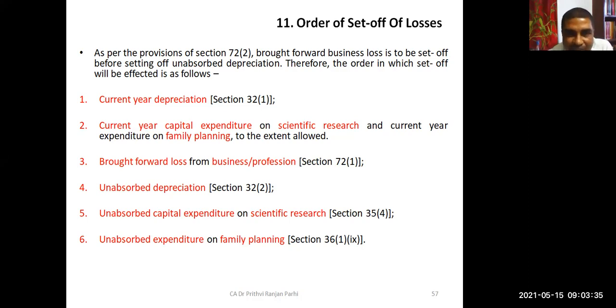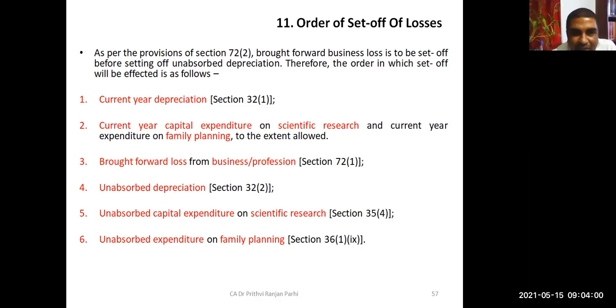After that, what comes next is the brought forward loss of the PGBP. If there is some brought forward loss, that will be taken care of. After loss, the next thing is unabsorbed depreciation. So first brought forward loss, then unabsorbed depreciation. If the previous year's depreciation has not been absorbed, that has to be dealt with now.